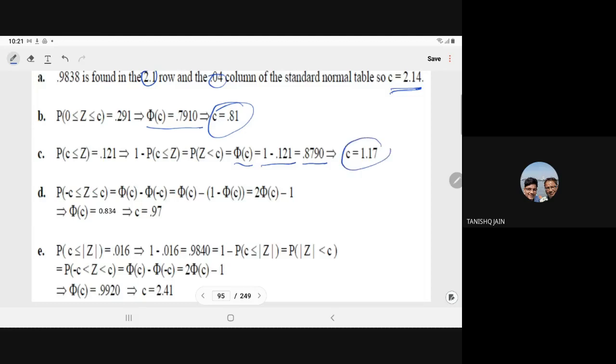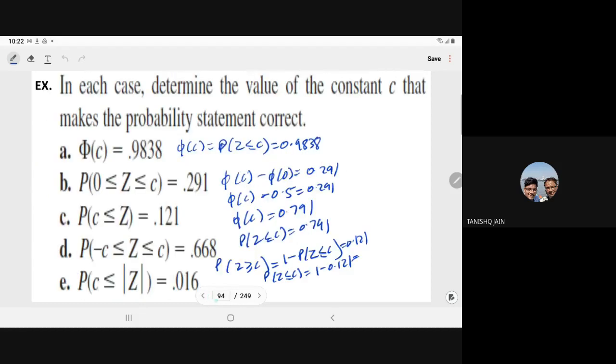When you see the table, its value will be 1.17.